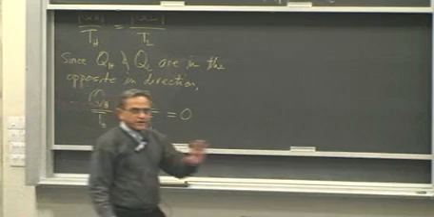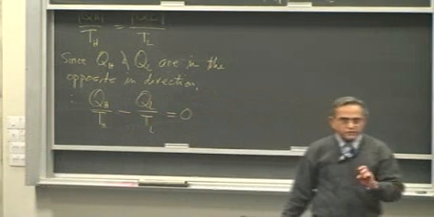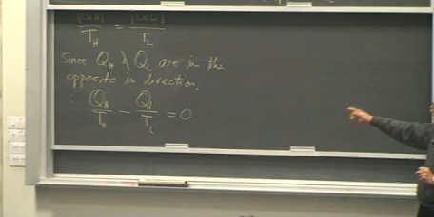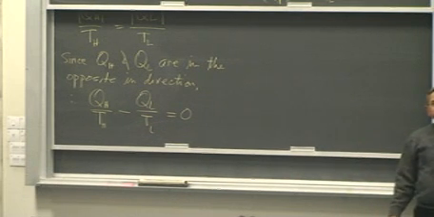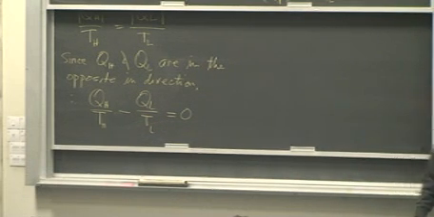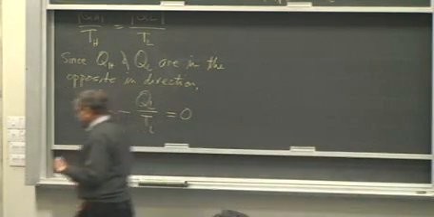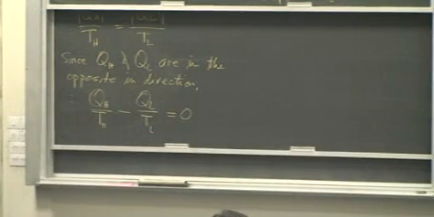Now this is a very important step over here. I have written QH over TH minus QL over TL is equal to 0. And starting from here, I will prove a very important thing about the second law of thermodynamics.